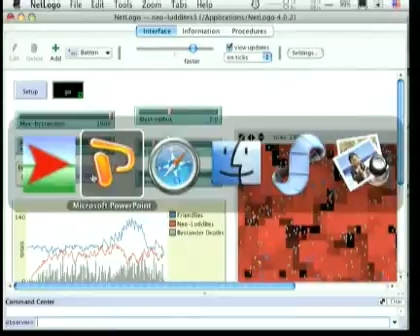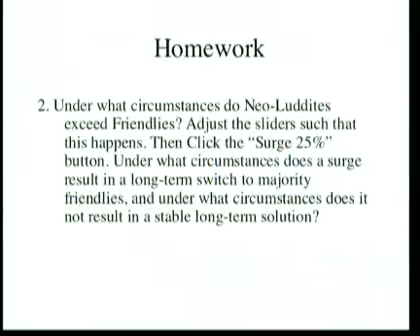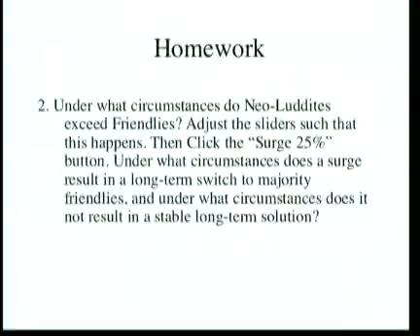So what I want you to do in this homework assignment is try and figure out under what circumstances does the surge work. Under what circumstances does the surge result in a long-term switch to a majority of friendlies? And under what circumstances does it not result in a stable long-term solution?